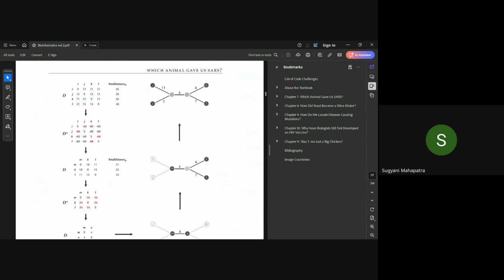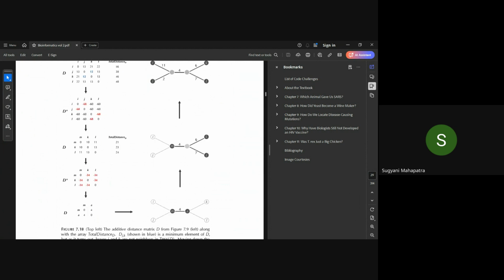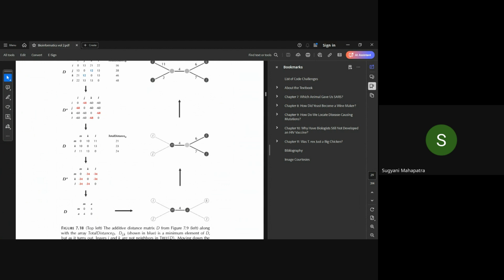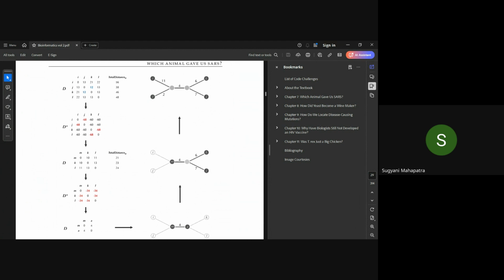In case there will be ties, you will be told that we are choosing K and L in this particular condition where we have ties between these nodes. We will be choosing K and L over M and K or M and L. So for this second iteration, we will choose K and L to resolve the ties. You will be given that, so the tree will be fixed. So you can be asked to choose what is the tree.